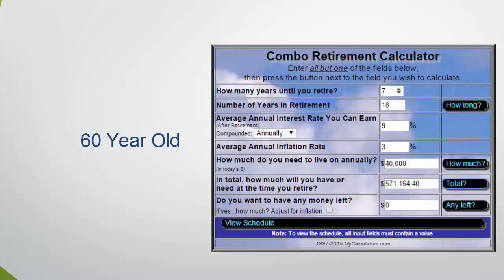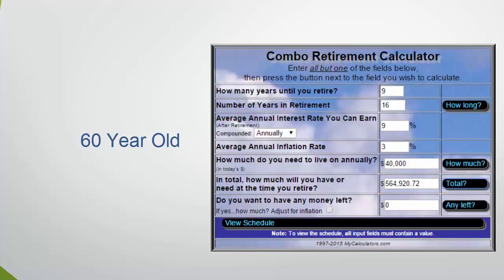Or let's say, okay, they enjoy their jobs. They're okay working another 2 years, so they're now going to retire at age 69. And that means that they have 9 more years until they retire. And now that they're retiring at age 69, they will have 16 years during retirement. So that takes their retirement number from $571,000 to $564,000.